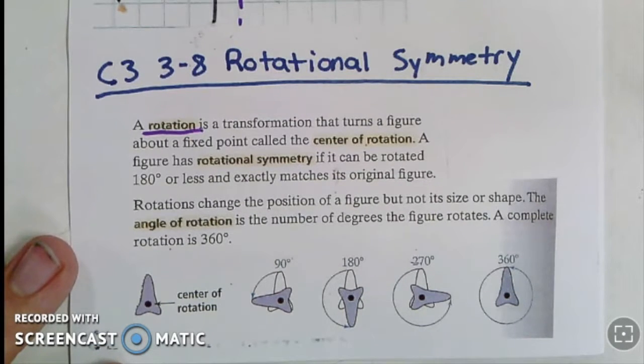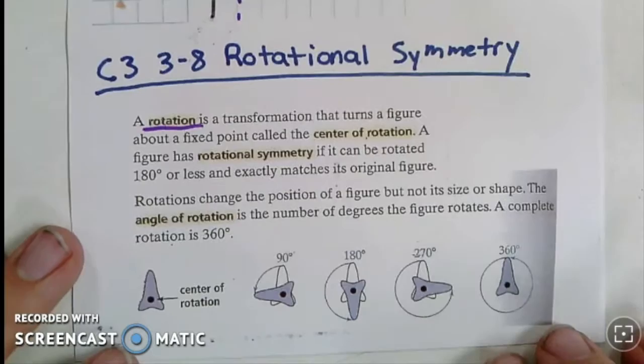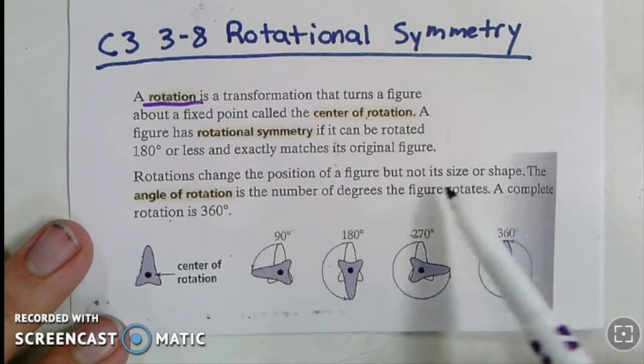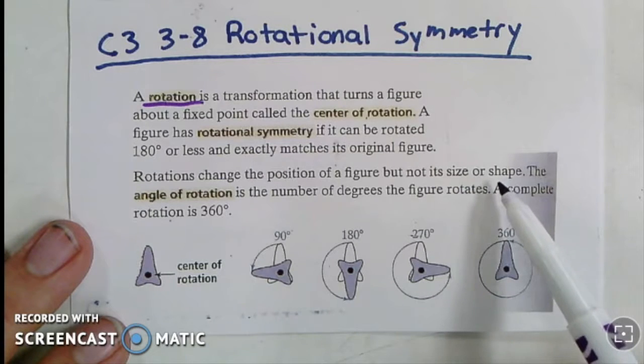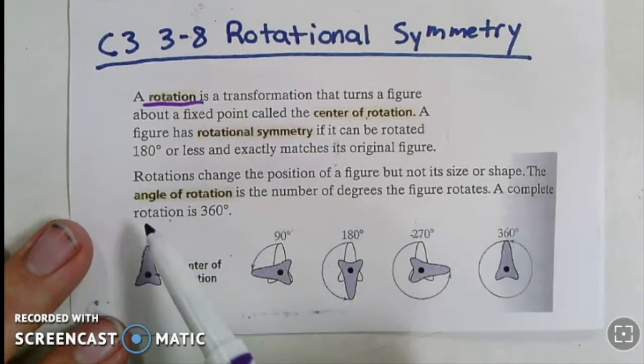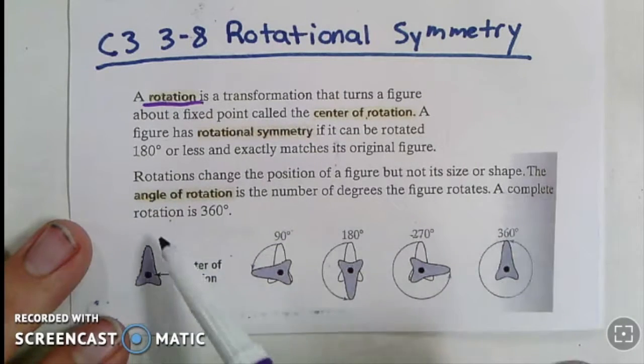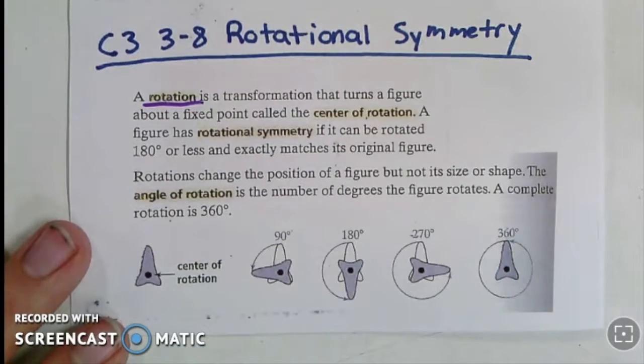A figure has rotational symmetry if it can be rotated 180 degrees or less and exactly match its original figure. Rotations change the position of a figure, but not the size or shape, which is the same as with reflections and also with translations. The angle of rotation is the number of degrees the figure rotates. A complete rotation is 360 degrees.